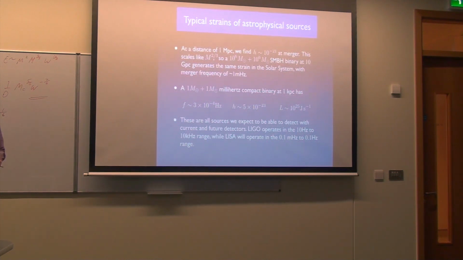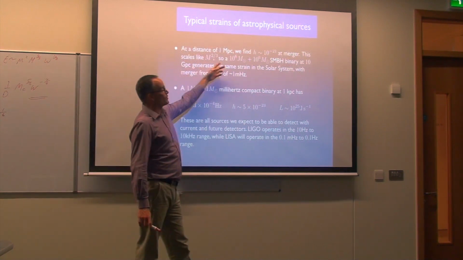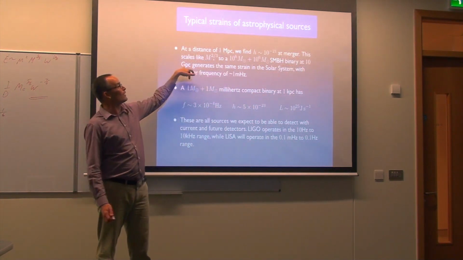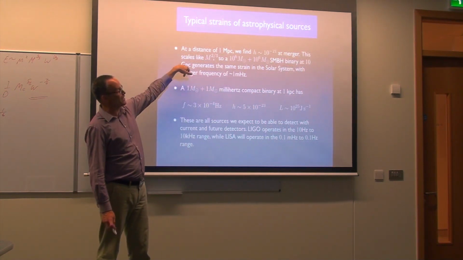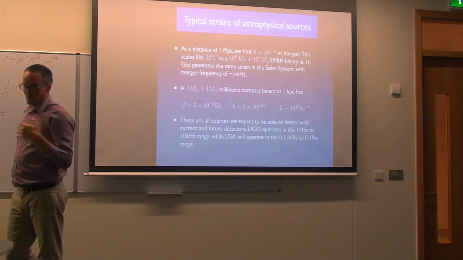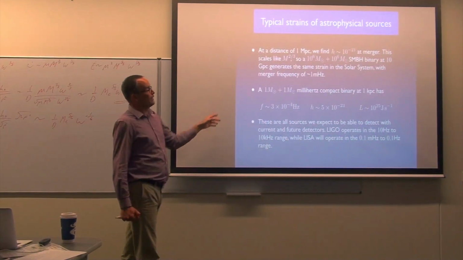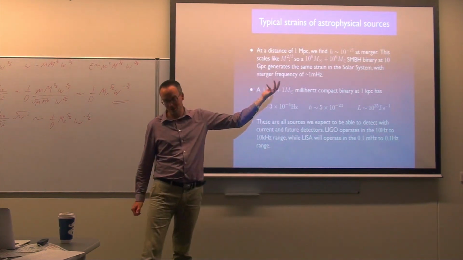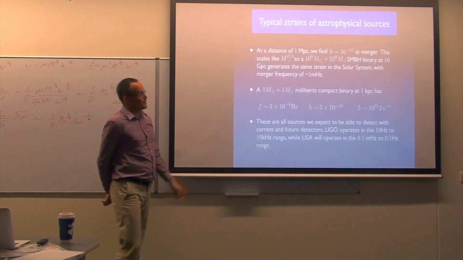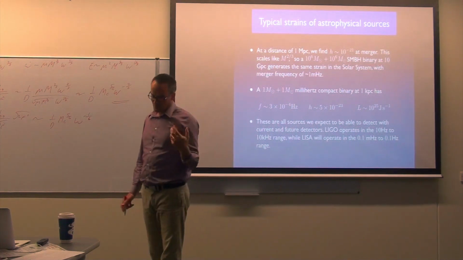And so a million plus million solar mass binary would have the same strain at merger as a 1 + 1 solar mass binary if it was a factor of 10,000 further away. So at 10 gigaparsecs, a supermassive black hole binary with a million plus a million solar masses has the same strain as a 1 + 1 solar mass binary at 1 megaparsec. But the frequency is different. The frequency is 1 millihertz as opposed to 1,000 hertz. And so these sources we will see with space-based gravitational detectors, whereas the 1 + 1 we will see with something like LIGO.